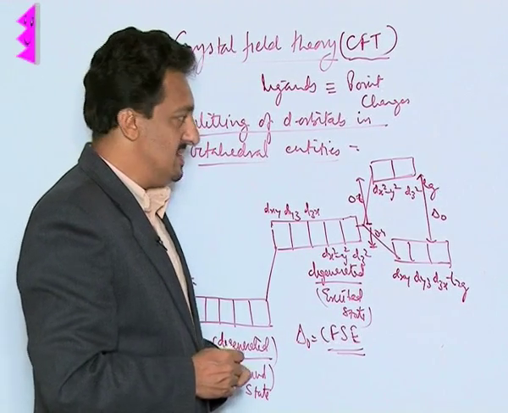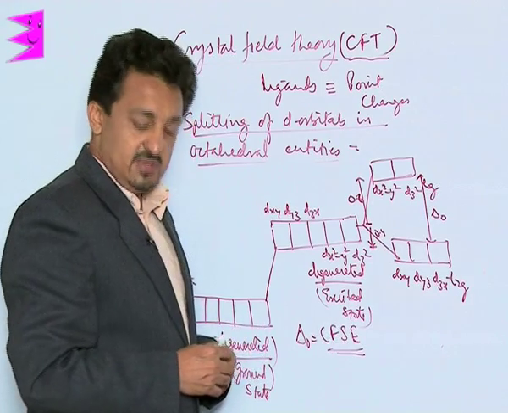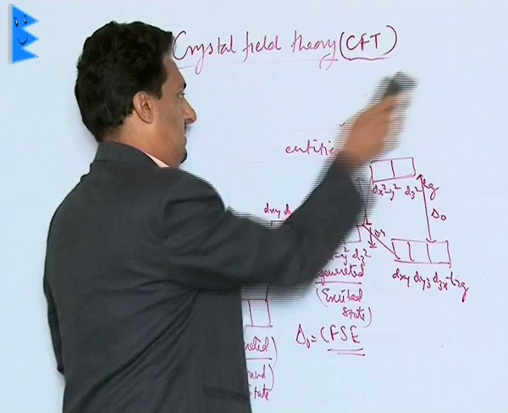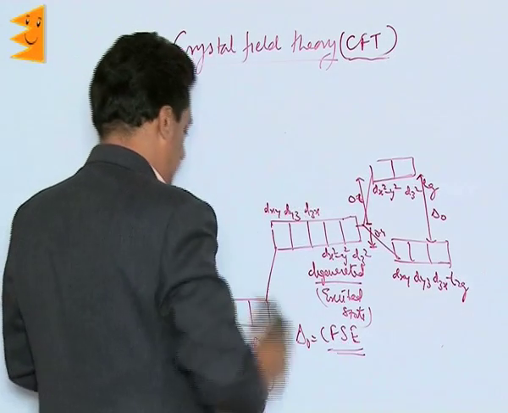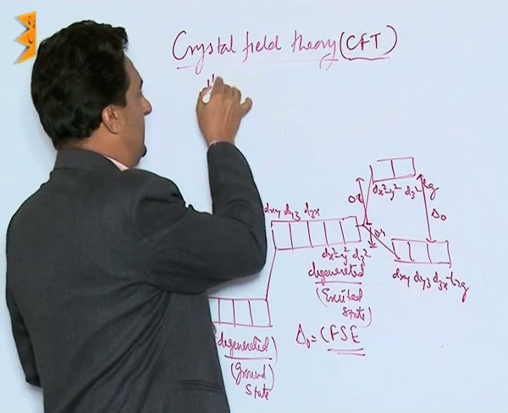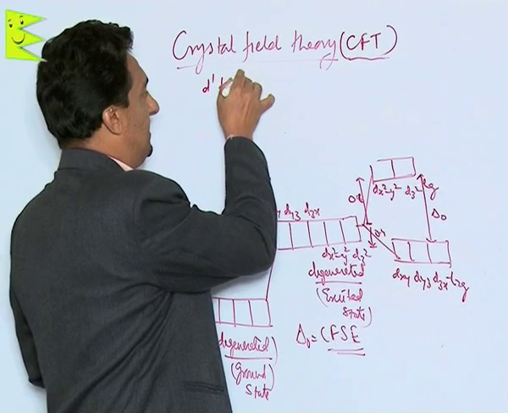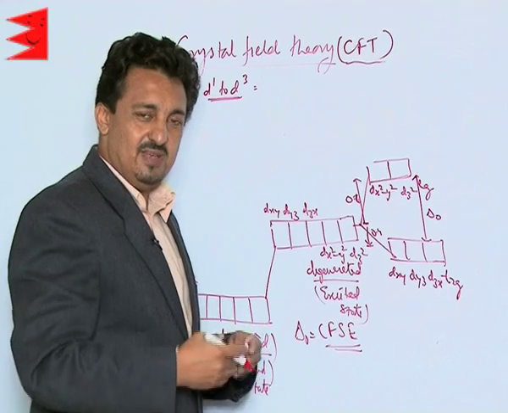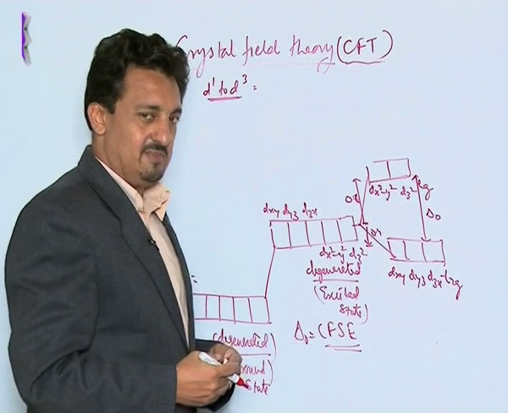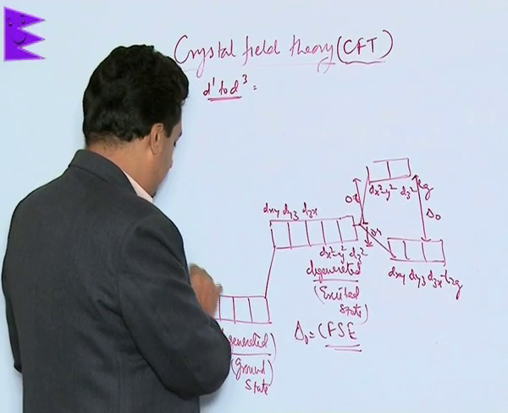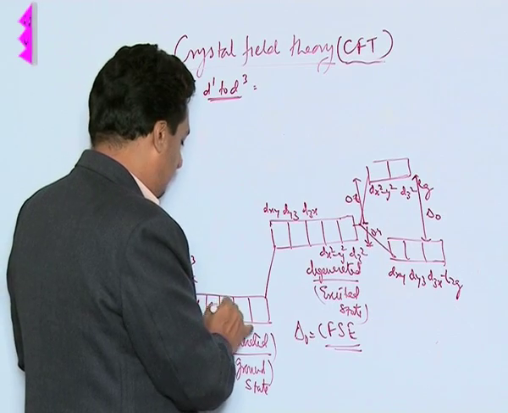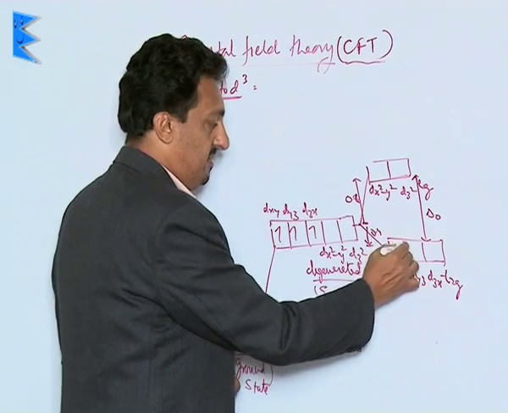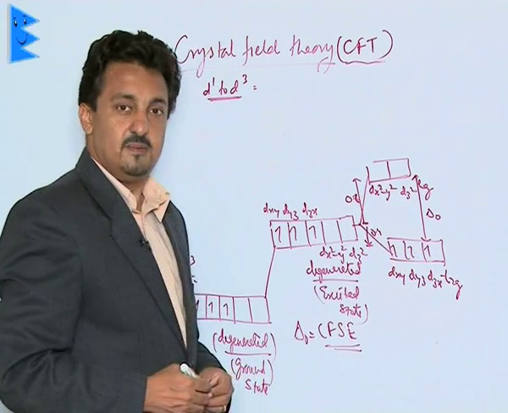Now according to this CFT, from d1 to d3, we don't have any problem of whether the pairing of electrons takes place or not. Because even if we have a d3 configuration, the 3 electrons will definitely, as per the Aufbau principle, occupy the lower energies.